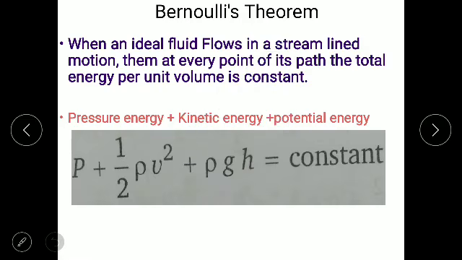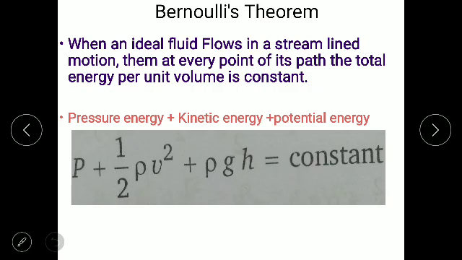According to this theorem, when an ideal fluid flows in a streamlined motion, then at every point of its path the total energy per unit volume is constant. So I'm talking about an ideal fluid, which is an incompressible and non-viscous liquid or gas, flowing in a streamlined motion from one point to another.